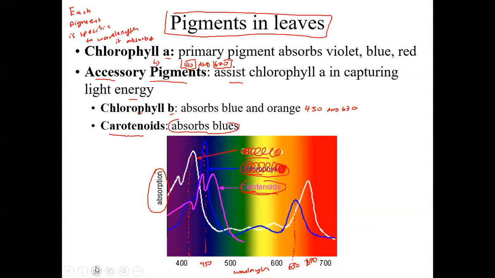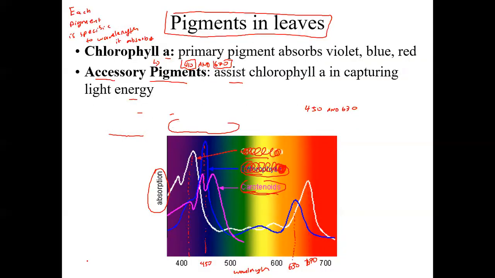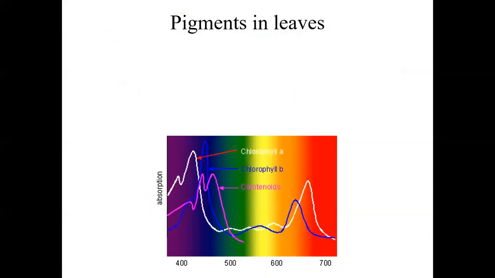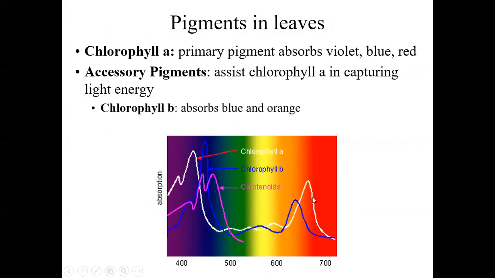Now, let's talk briefly before we move on about the kind of flat line right here. According to what this data is telling me, this plant can't absorb any of the greens and yellows.